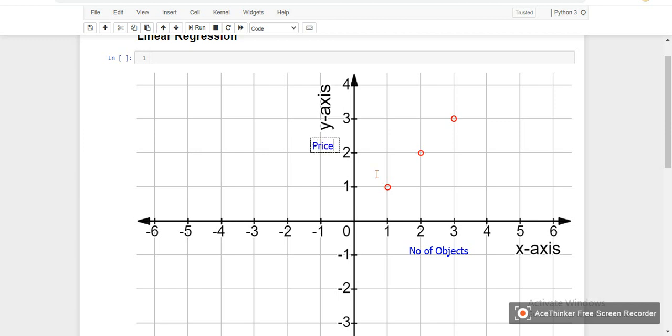So if you could see here, the price of one object is 1 rupee and the price of two objects is 2 rupees and the price of three objects is 3 rupees.